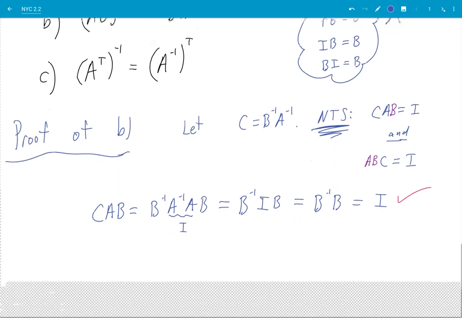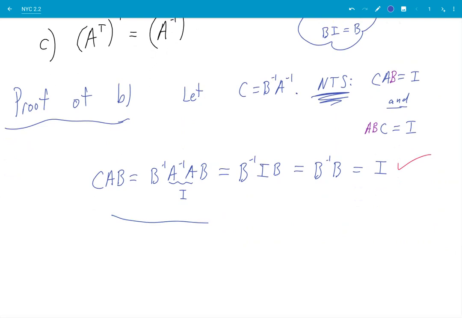And then the other way around, A, B, C is going to be AB times B inverse A inverse, which is A, A inverse, which is just A times A inverse.